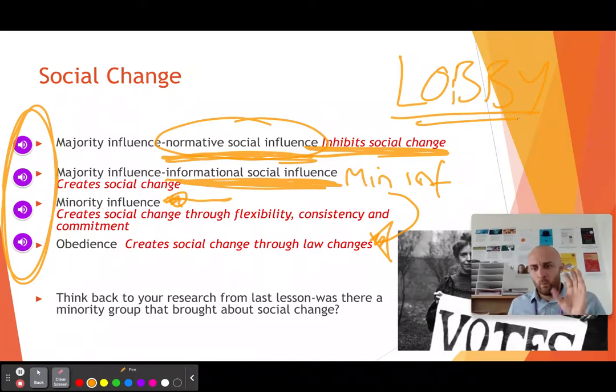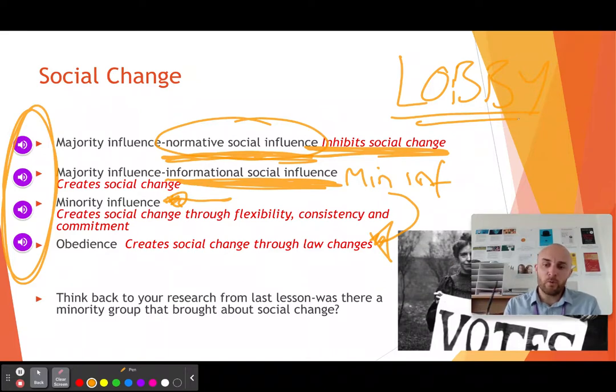Now, where does obedience come in? You shouldn't struggle with this, I think. There's something you need to understand here. People generally obey the law. Of course, a lot of people break the law every single day, and we're all criminals in some way or another. But generally speaking, people obey the law.